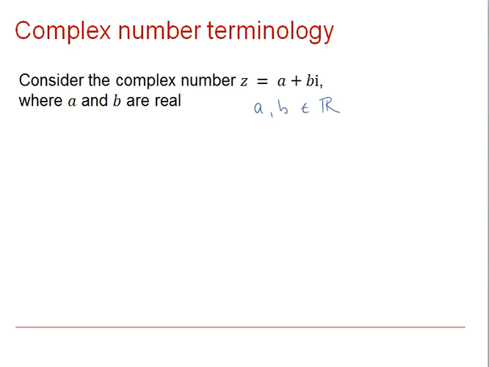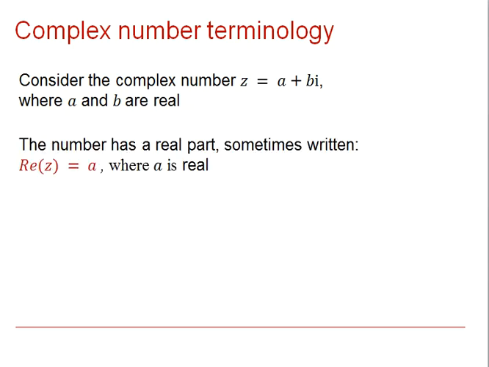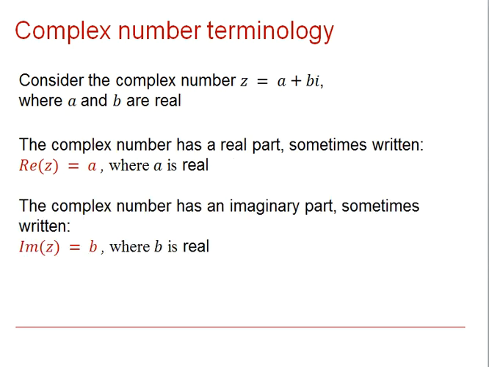We've also discussed the fact that a complex number has two parts. A real part, sometimes written with this notation, Re(z) is a, where a is also real, and an imaginary part, sometimes written as Im(z) equals b, where that coefficient b is also real.